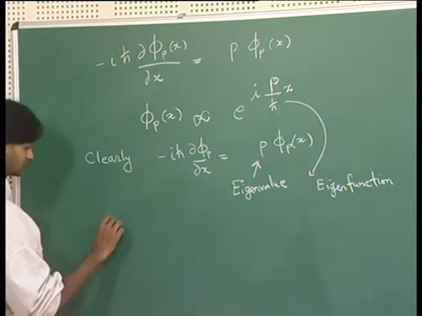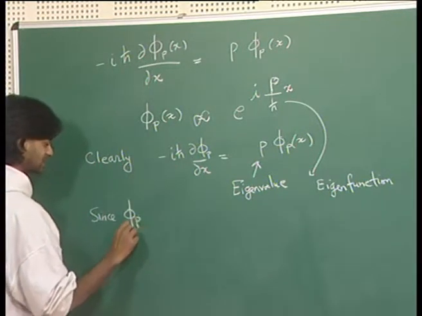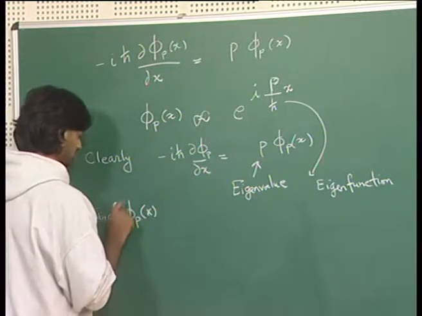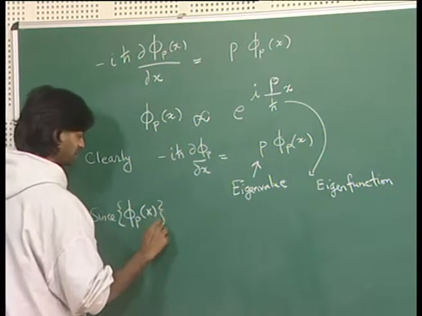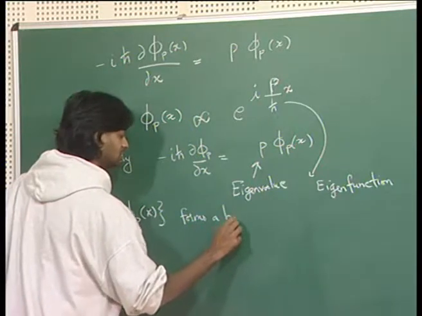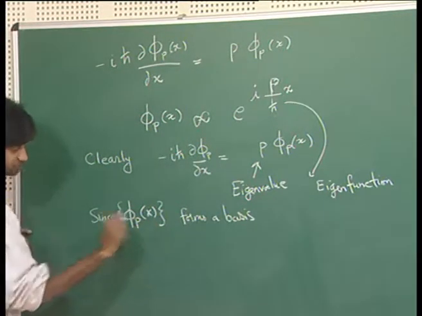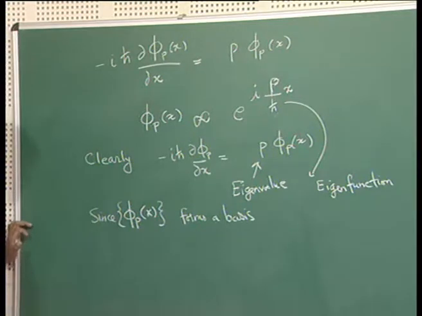Since the set of all phi p's of x forms a basis, what I mean by this curly bracket is a set of all phi p's of x, this forms a basis.